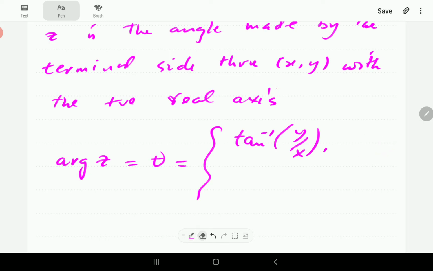If we're in quadrant 2 or quadrant 3, then the angle of 180 degrees, or pi in radians, is going to come in.